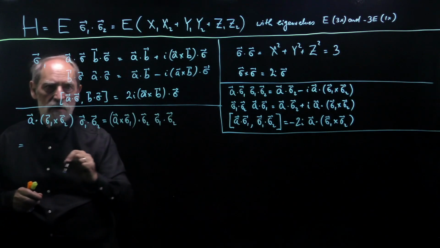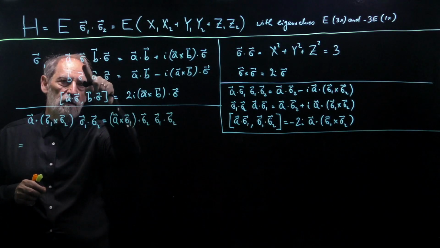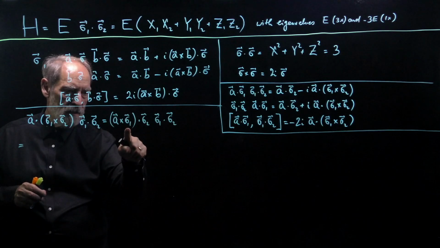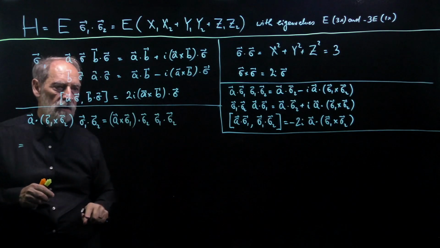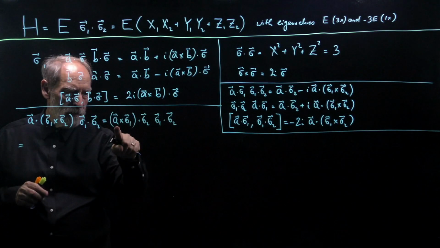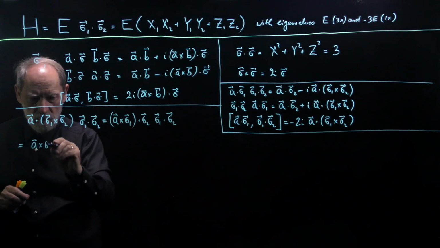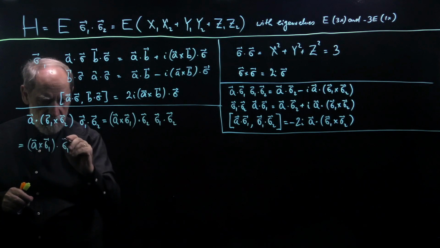And this is now an expression of this kind, where the sigma that appears here is the sigma 2, and the a that appears here is the a cross sigma 1, and the b that appears here is the sigma 1 here. So in writing a dot b, I have the dot product of a cross sigma 1 and then b, which is another sigma 1.